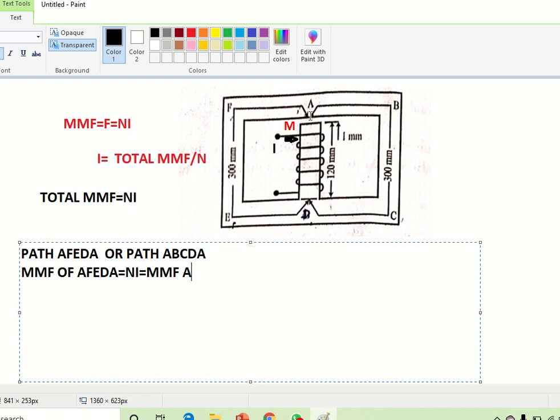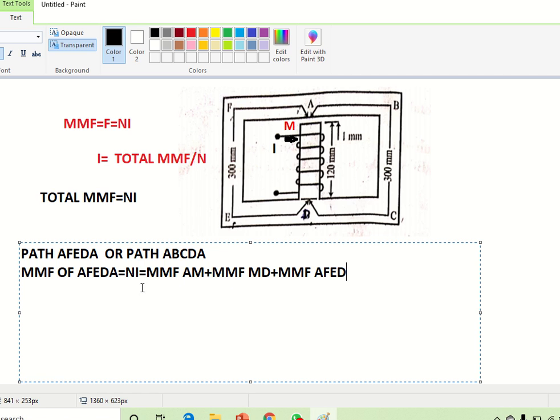We know that this AD is split into two paths, AM plus MD. So MMF of AM plus MMF of MD plus then this portion AFED, MMF of AFED. This is the total MMF of the circuit.